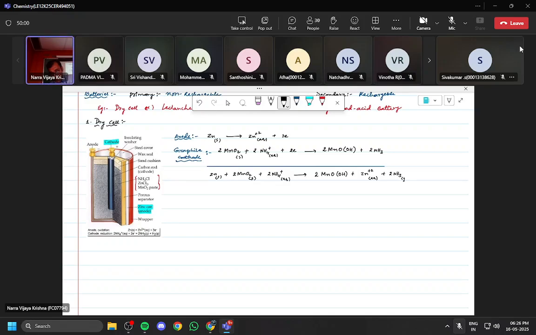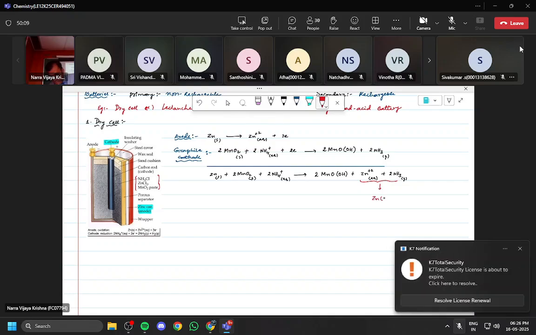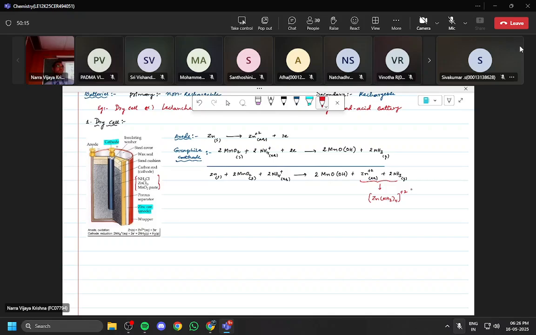Actually, ammonia should be a gas, no? But why am I not writing it as a gas? The reason is that these two readily form this complex. This is the complex obtained, meaning the ammonia obtained was trapped by Zn2+.